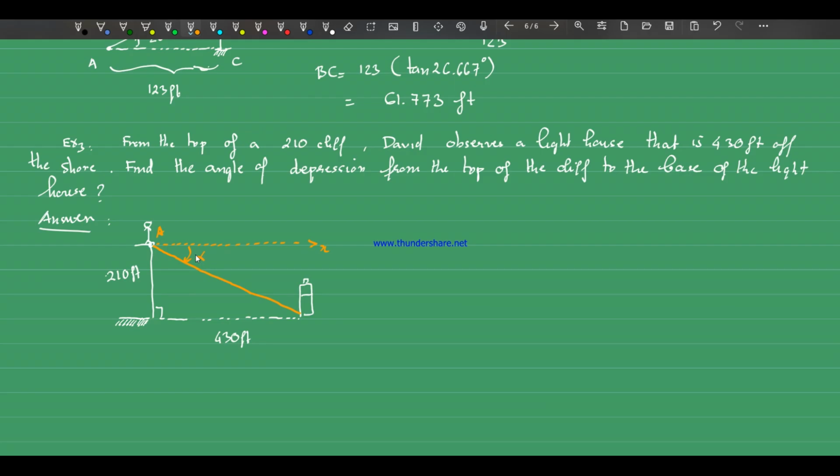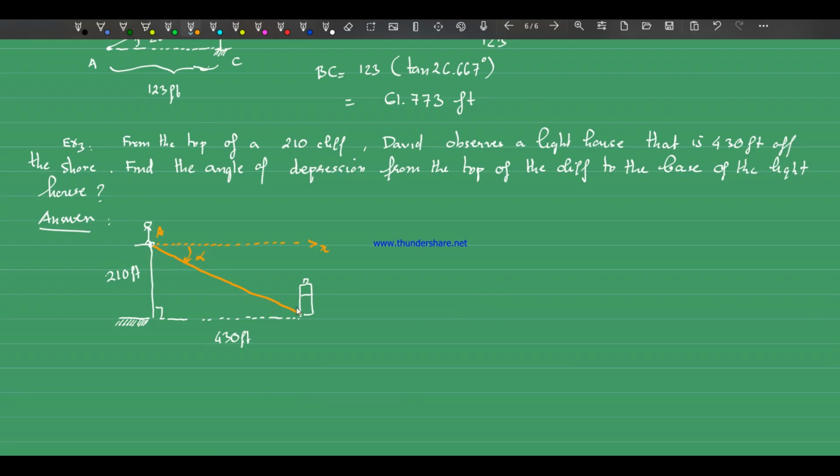How do we do that? I don't know if you guys remember the concept we have in geometry. As I told you in the first video, geometry and trigonometry are related to each other. You see that the x-axis over here and the ground are parallel to each other. So this is an interior alternating angle.